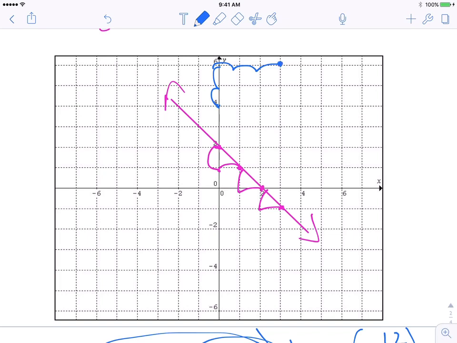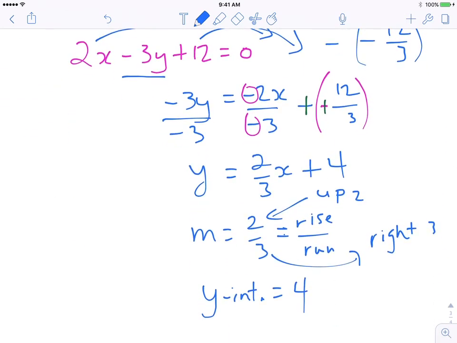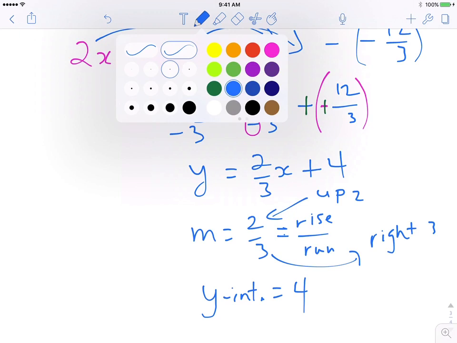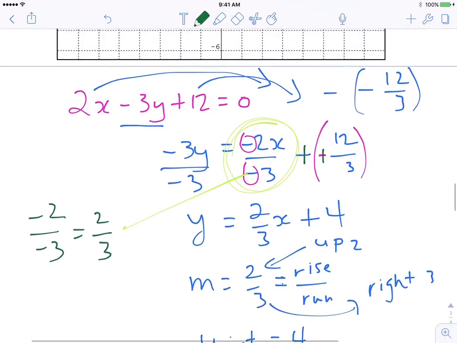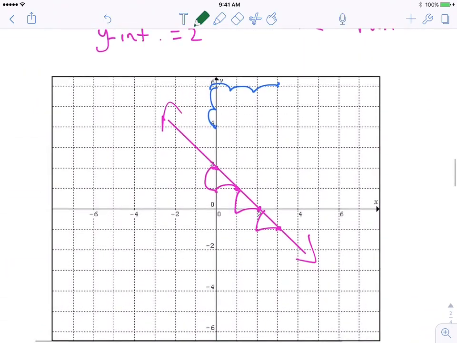Now, I can't go up 2 again because I'll be off the graph. But one thing I can do is, you'll recall that we had originally negative 2 over negative 3. Negative 2 over negative 3 is equal to positive 2 over positive 3, because negative divided by negative is positive. If we know that, we can use that knowledge.